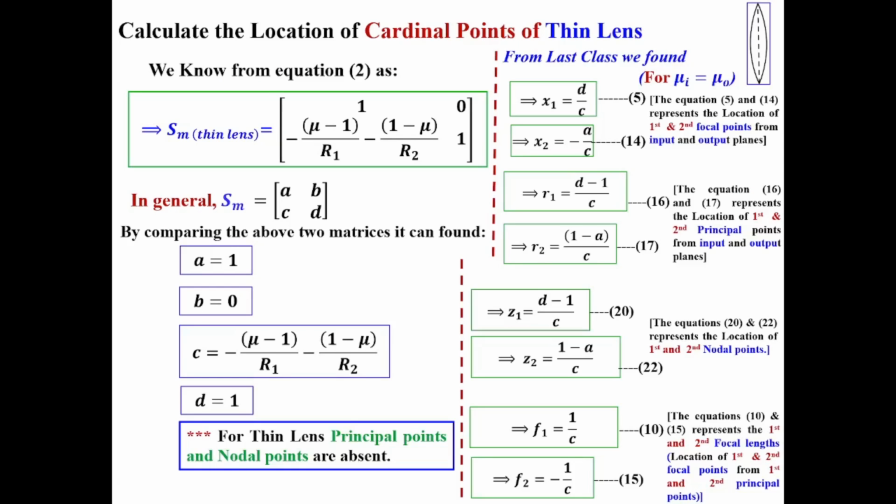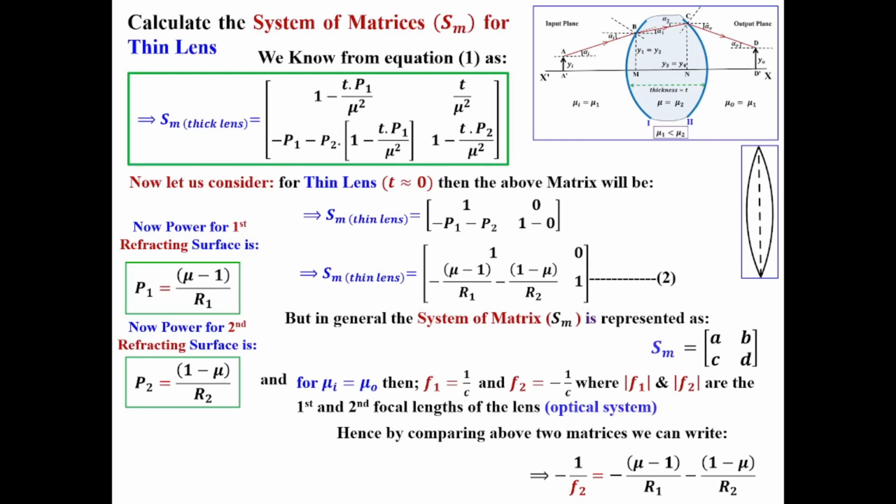Before I stop this class, I want to share important information with you: a system matrix will be acceptable if the determinant is 1. Here you can see the determinant of this thin lens matrix is 1: 1 into 1 is 1, and this term is 0. So the determinant of this matrix is 1. Now consider the thick lens, which we discussed in our last class.